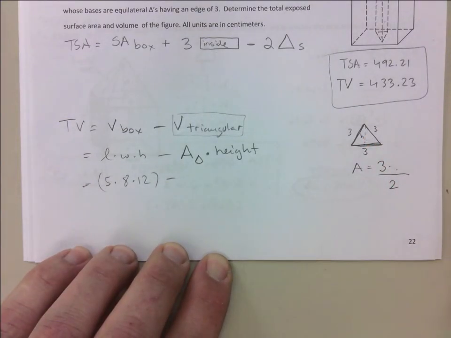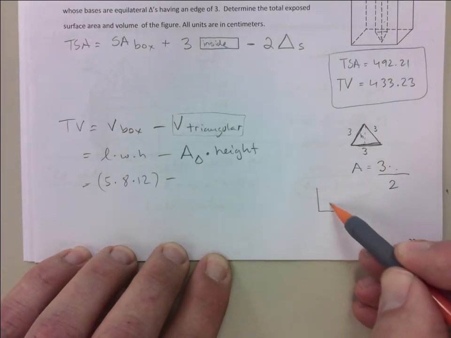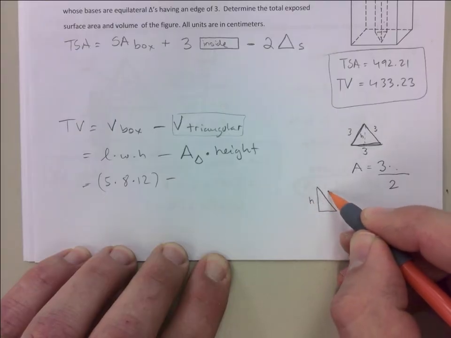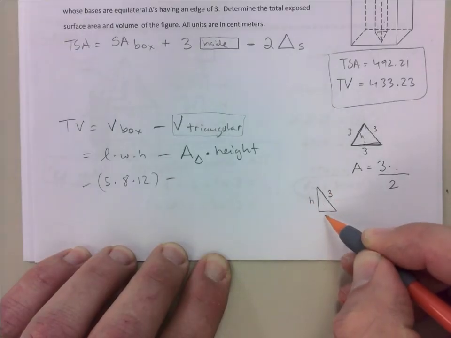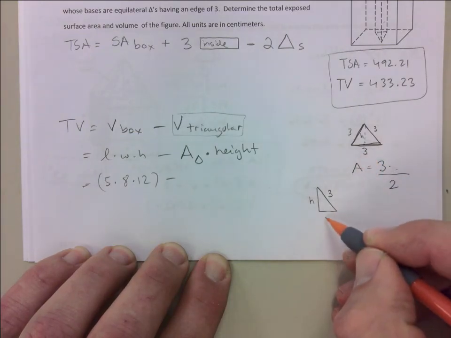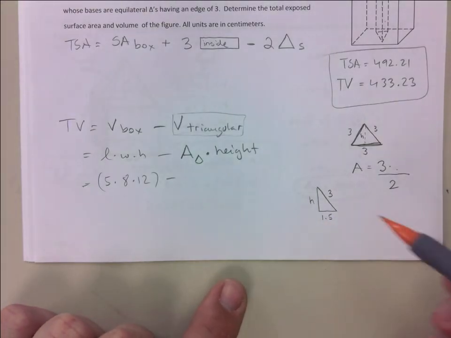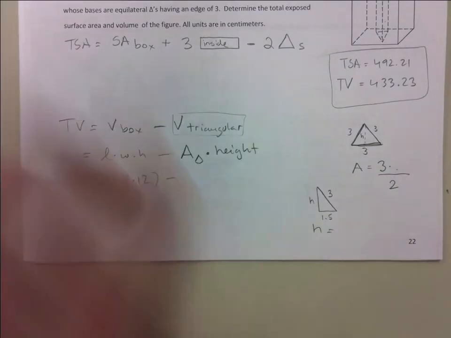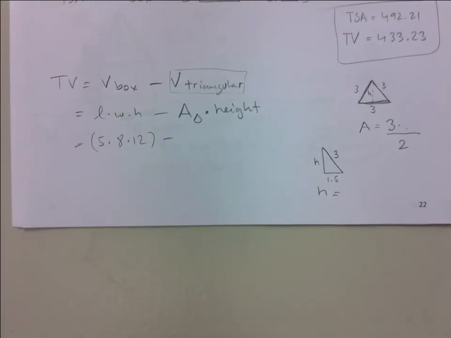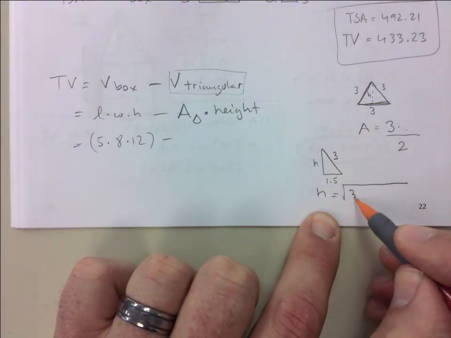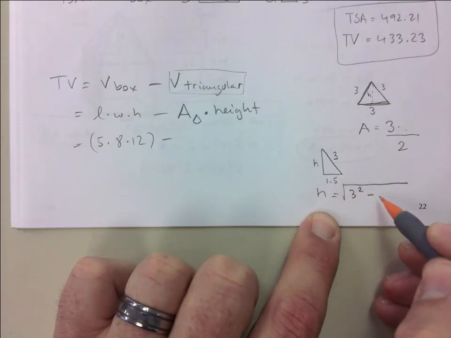So we're going to do Pythagorean theorem. This is the height we want. This is 3, and what's this here? Down here? 1.5. Yeah. Most of the time you can just do mental math on those. To find the height, let me zoom into that. Some of you are squinting already. It's the square root of 3 squared minus 1.5 squared.